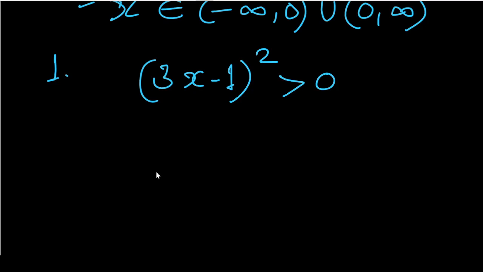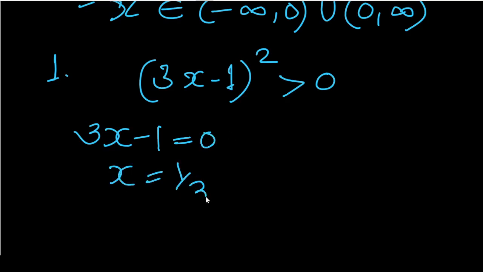So you can use this above fact. Obviously here also x can be anything, but if you substitute a point where 3x minus 1 vanishes, which is 1 by 3, so at x equals 1 by 3, this (3x minus 1) whole square becomes 0.